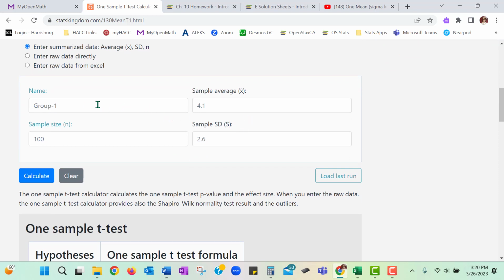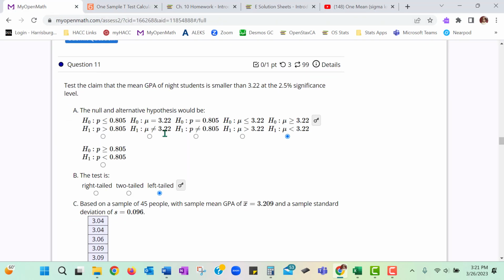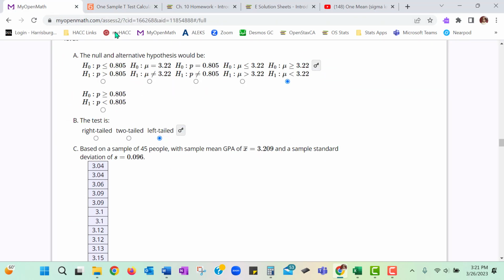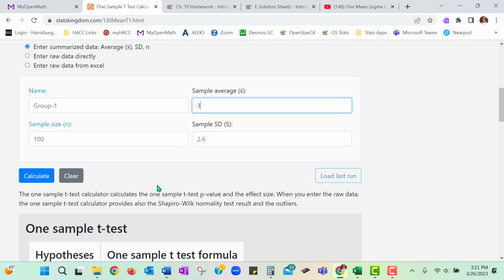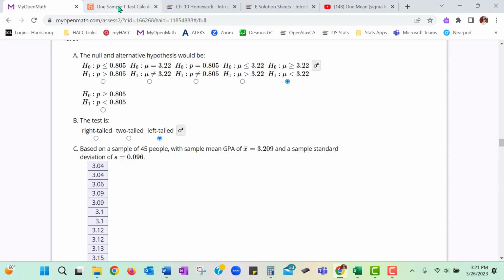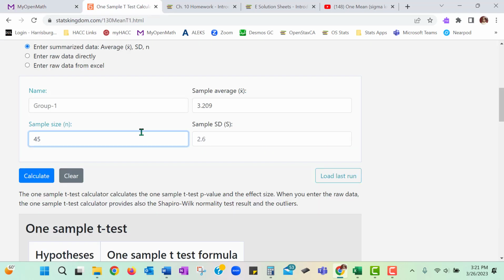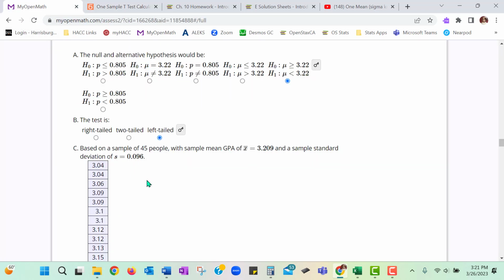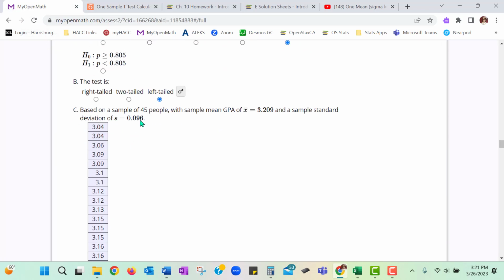So I'm not going to name this. Our sample average, X bar, was 3.209. Sample size, 45. And sample standard deviation was 0.096.